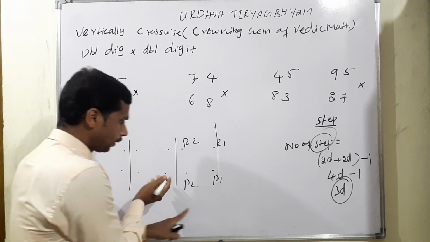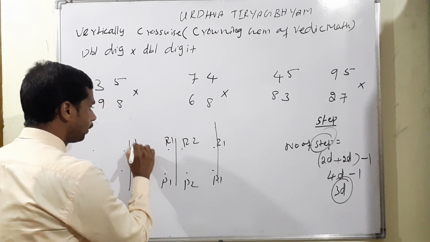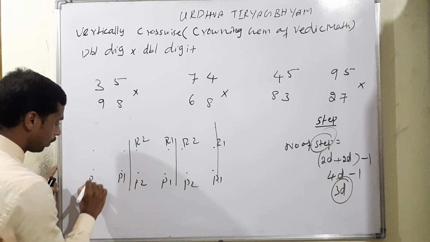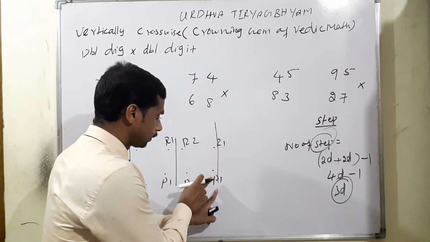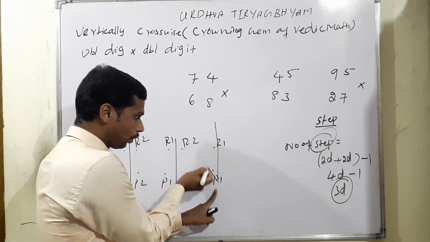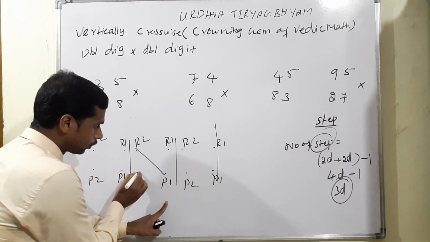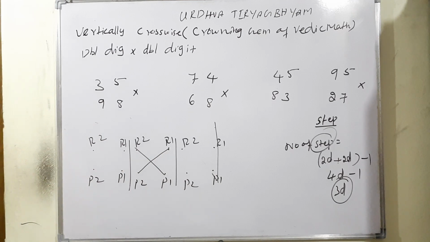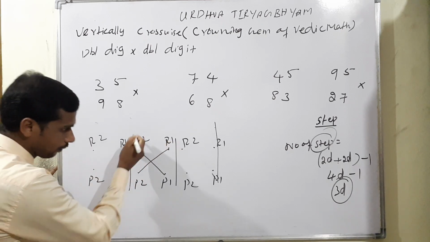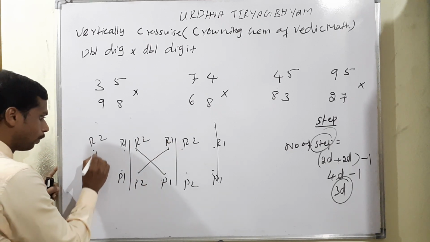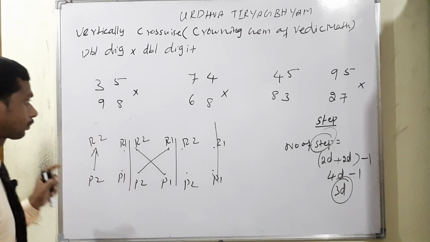Whenever person 1 leaves room 1, that is the second step: person 1 goes to room 2, then person 2 automatically moves to room 1. Then after finishing the second step, after taking the vertically crosswise, person 2 moves to room 2. This is the 3 steps.